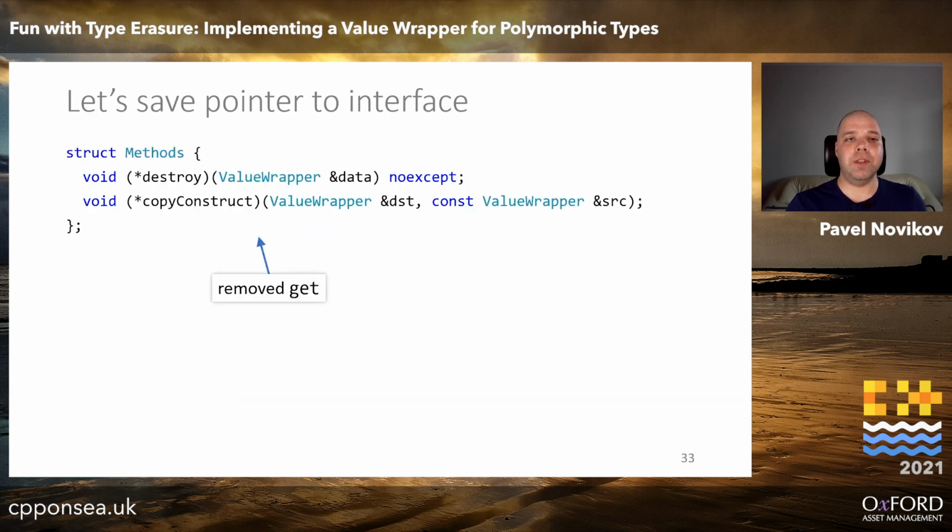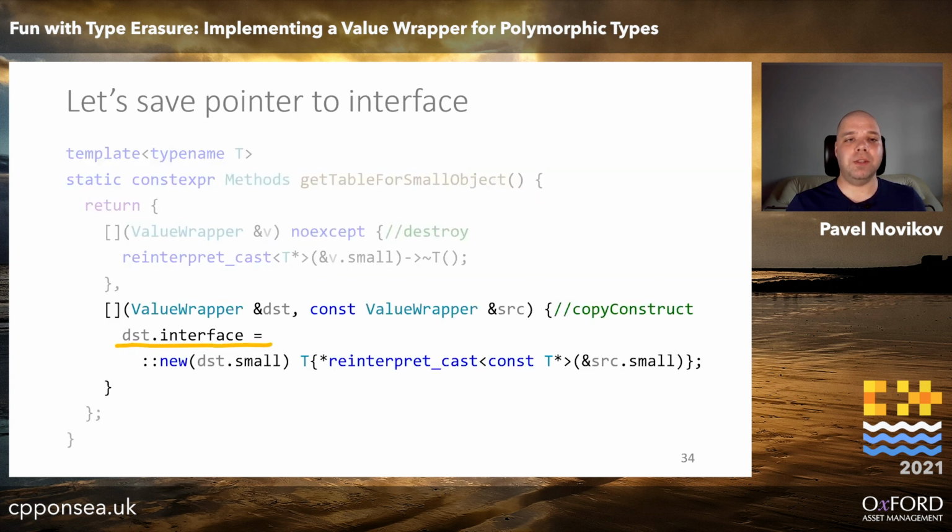The next change is that we get rid of the get function pointer. We also have to change a little bit the implementation of the copy construct functions that live in the tables.